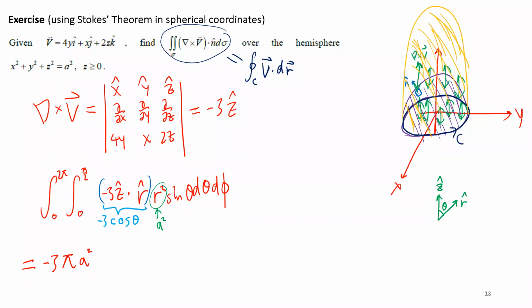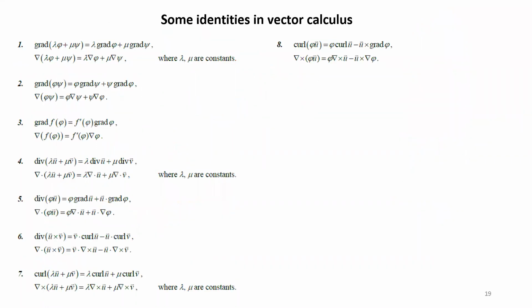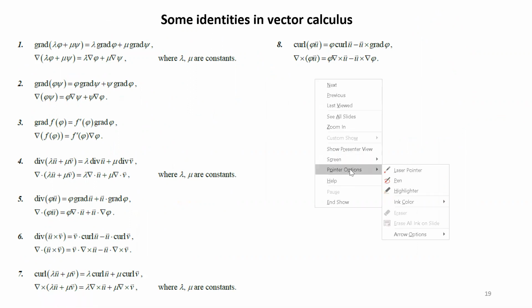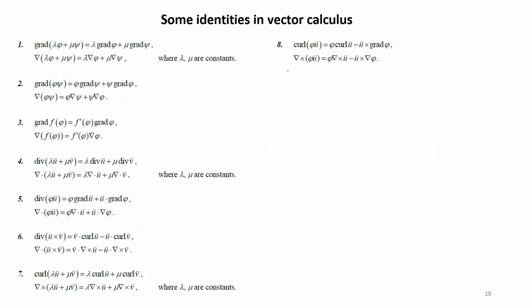Next, here I just list out some vector identities. I know that in your homework, you need to prove, I think, one of them. I believe it's this one. These are things that you can prove just using algebra.